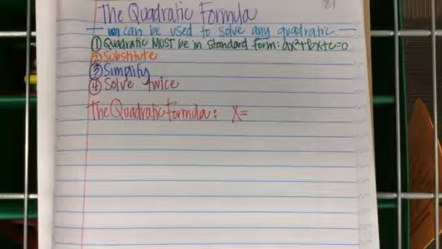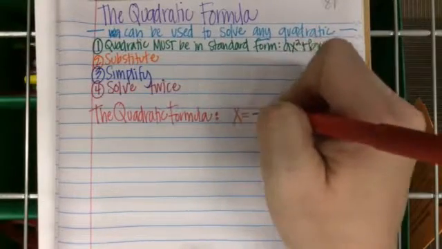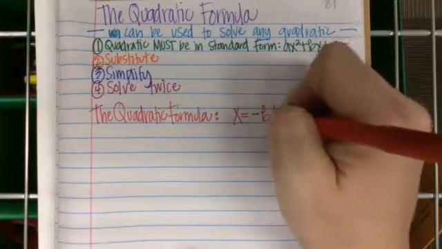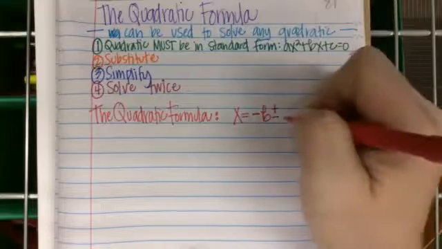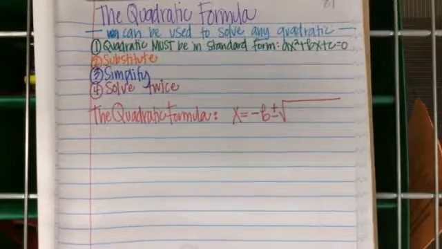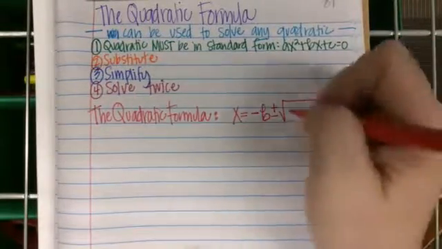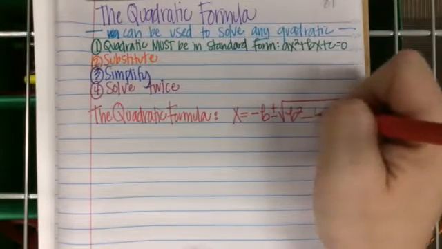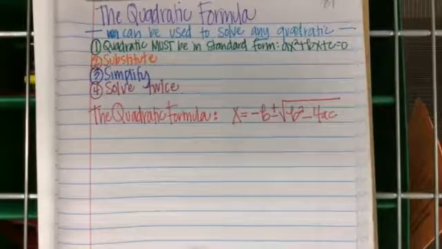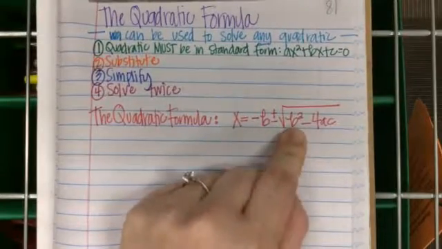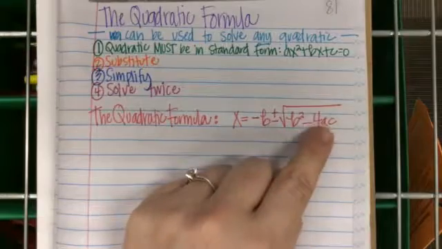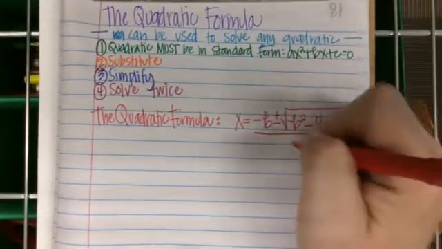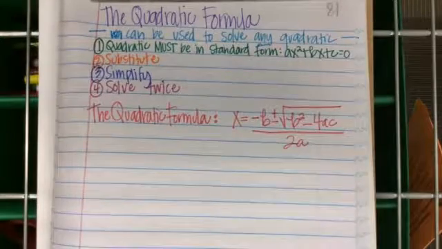So the x value equals negative b plus or minus the square root of b squared minus 4ac. Do you recognize b squared minus 4ac? Yes. That's the discriminant from yesterday. All over 2a.